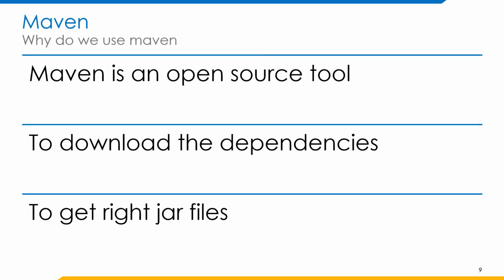Maven is an open source tool. Maven allows to download all the jars and dependencies and manage lifecycle for a Selenium Java project. This makes it easier for the QA to configure dependencies for Selenium Java by automatically downloading the jars from the Maven repository. In the next slide, we are going to discuss performance testing using Apache JMeter.